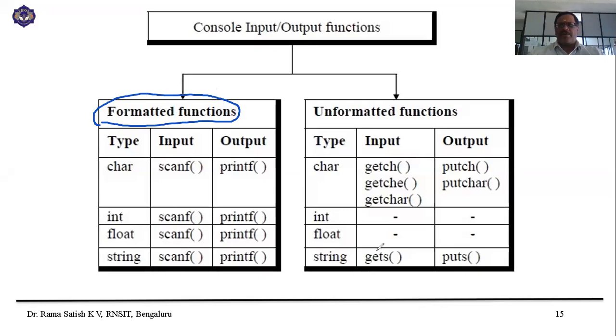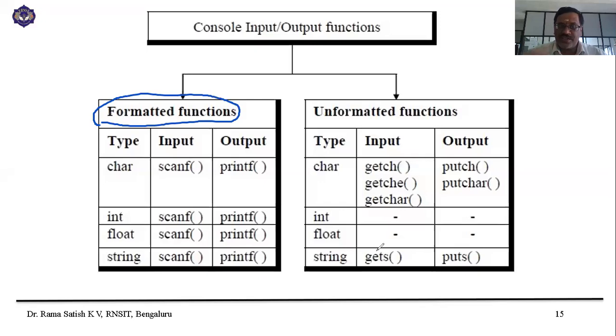What do you mean by formatted? You have seen in the previous slide the format specifiers: %d, %c, %s, %l, %f, %ld, %lf. Those are called control strings. If you write the format specifiers within double quotes, they are called control strings.